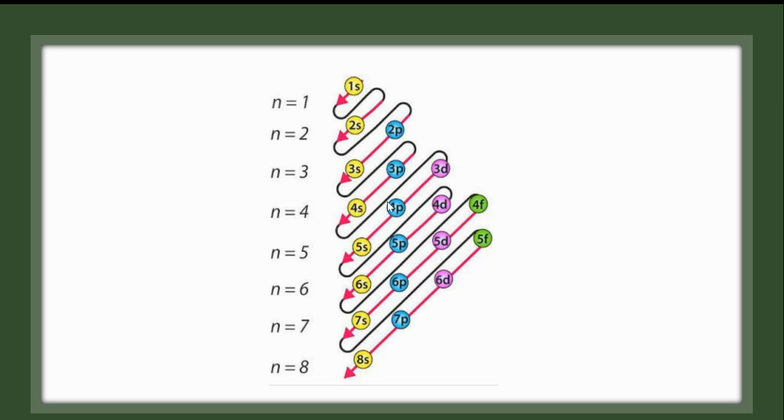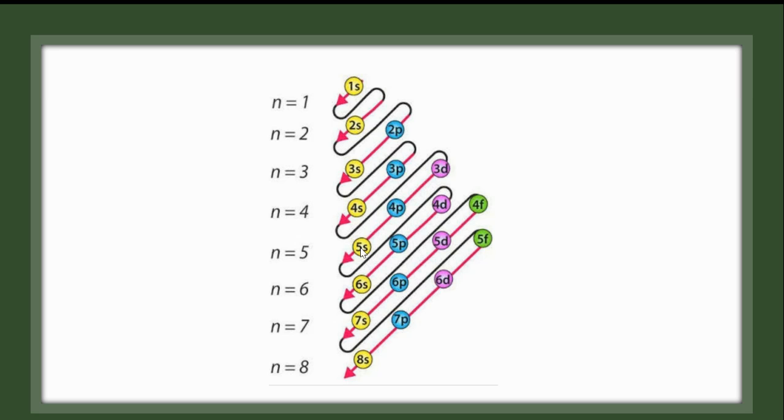First we compared these two, 4s and 3d. The n plus l value for 4s is 4 plus 0, equal to 4, and for 3d is 3 plus 2, equal to 5. So 4s has the lesser n plus l value, and first the electron enters 4s and then 3d.